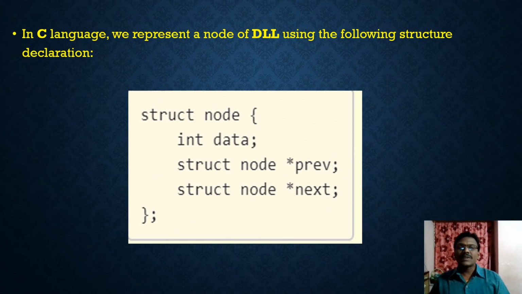In C language, we represent a node of a doubly linked list using the following structure declaration. Here struct is a keyword, and node is the name of the structure.